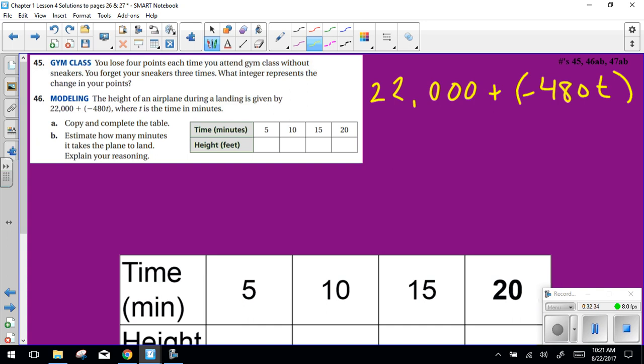So it's up in the sky, 22,000 feet. And every minute, it comes down closer to the ground at a rate of 480 feet per minute. So what this chart is saying here is after 5 minutes, where in the sky is this plane? So everything that I'm doing here, you're going to do.